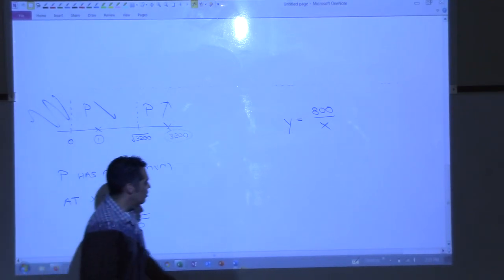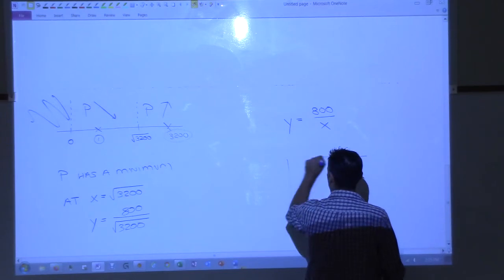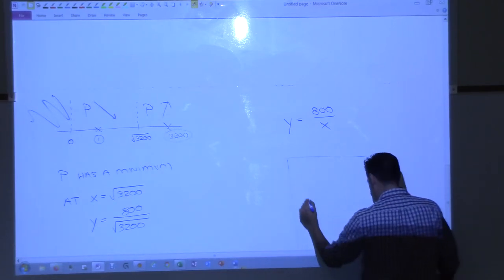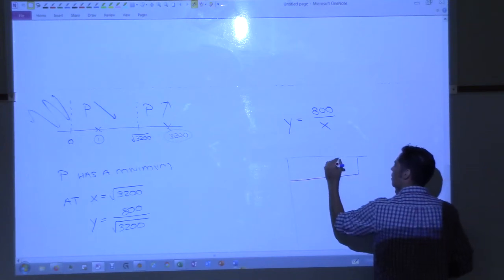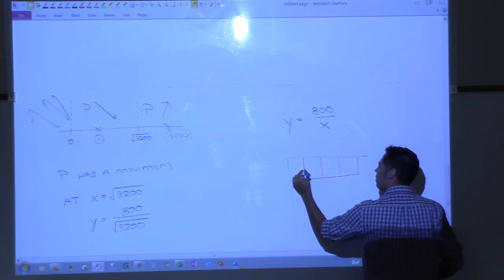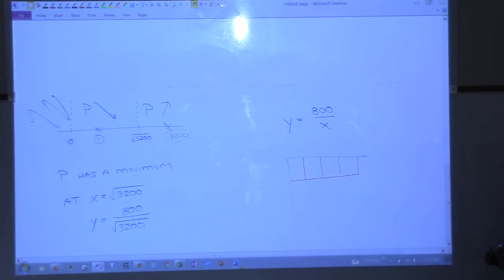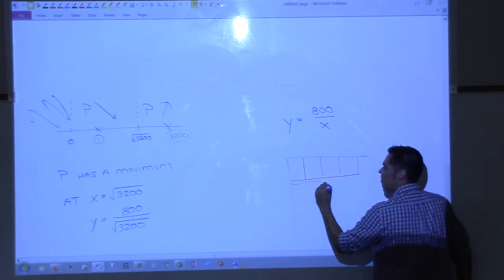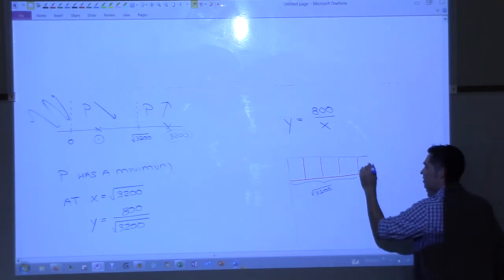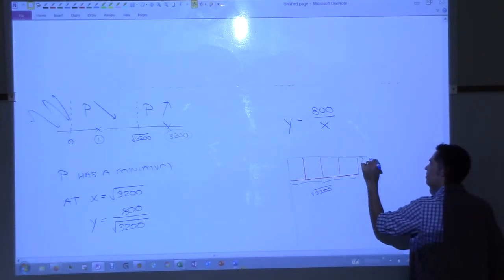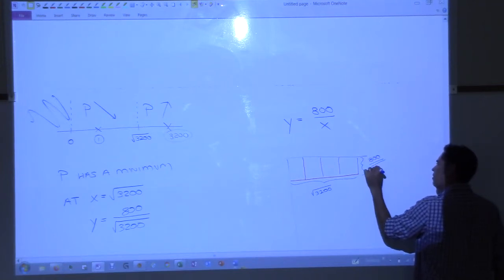So if you go back and look at the picture, we had the two rivers, and then we had our pens, right? We only built what was in the red. What we're saying is that this distance from here to here needs to be the square root of 3,200, and this distance from here to here needs to be 800 over the square root of 3,200.